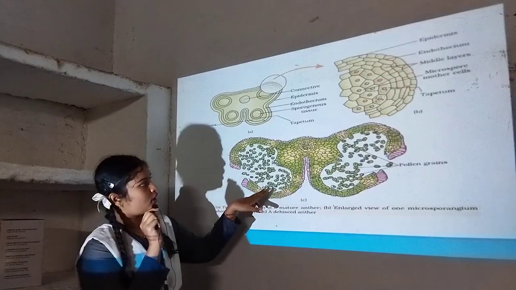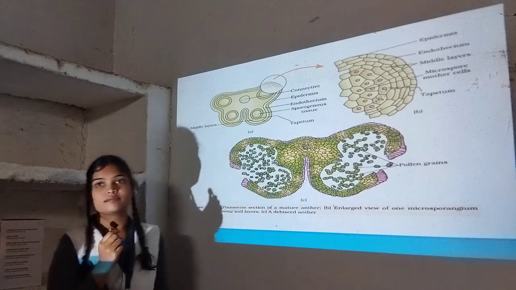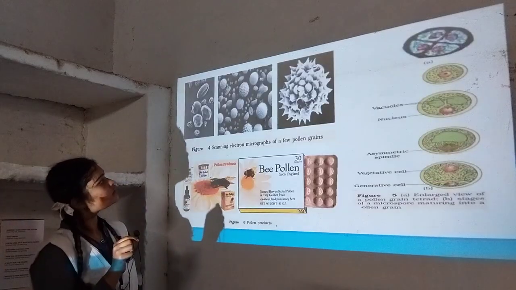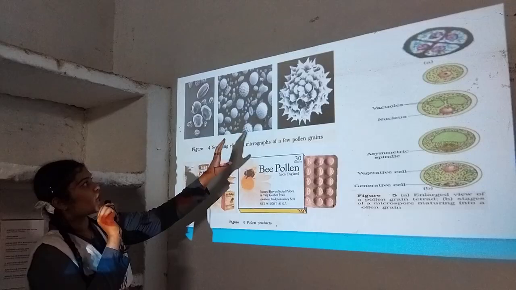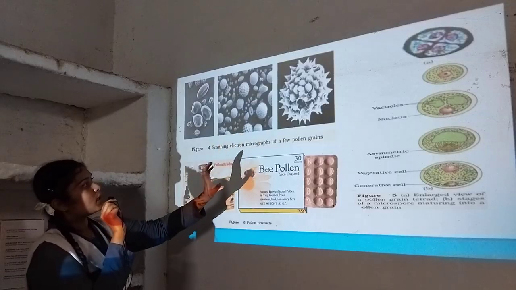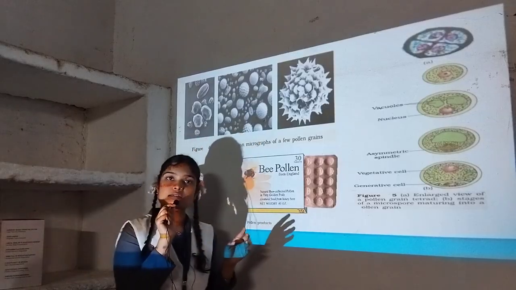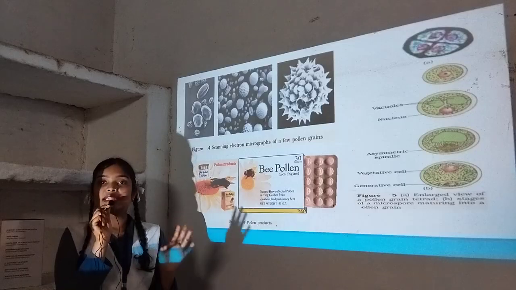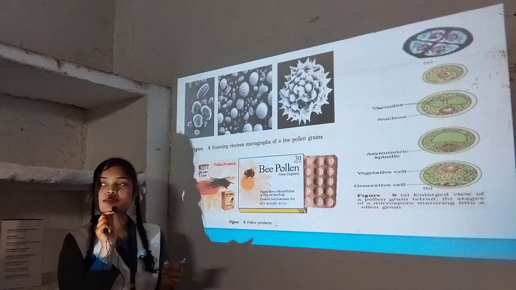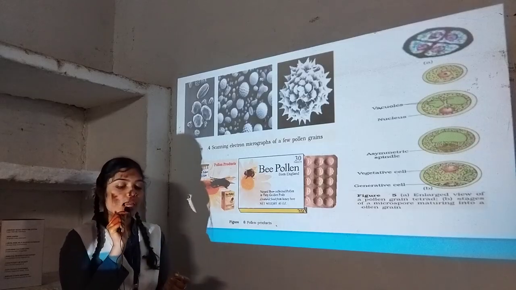This is the matured pollen grain. This is the structure of the pollen grain. Pollen grain basically consists of two layers, intine and exine. Exine is made up of sporopollenin.